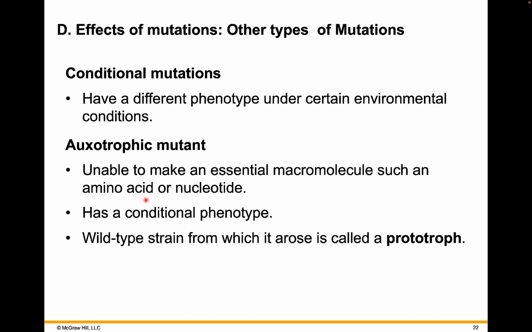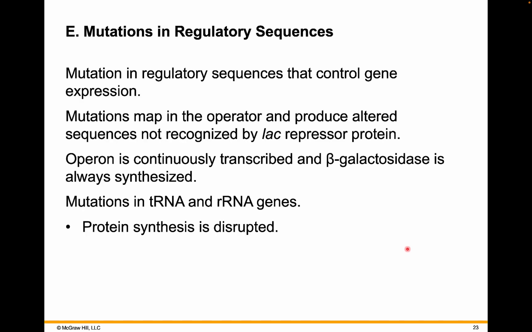When the auxotrophs are supplemented with that macromolecule, like the amino acid or nucleotide, they can survive. Otherwise, in a normal condition, if you do not supply what they are missing, it would be a lethal mutation. The wild type strain from which they arose is known as a prototroph. Auxotroph is deficient in something. Prototroph is the original, which was not deficient in that.